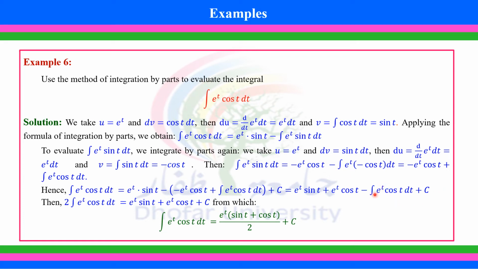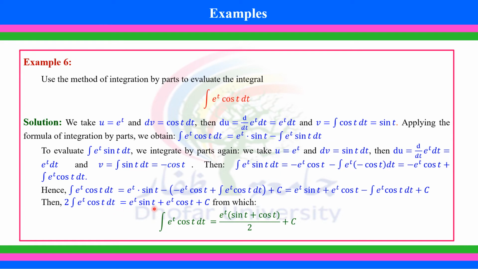So now we add the integral of exponential t cosine t dt to the two sides. When we add this term to the left hand side, we obtain twice the integral of exponential t cosine t dt.